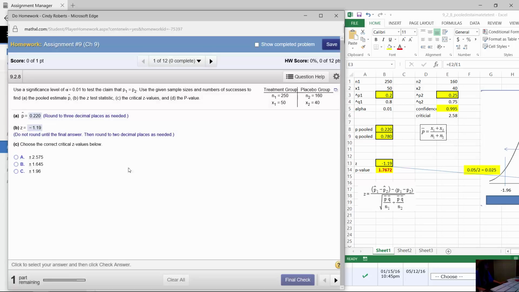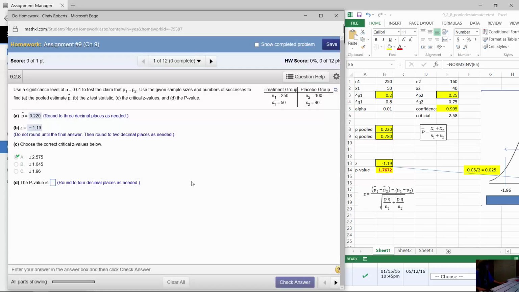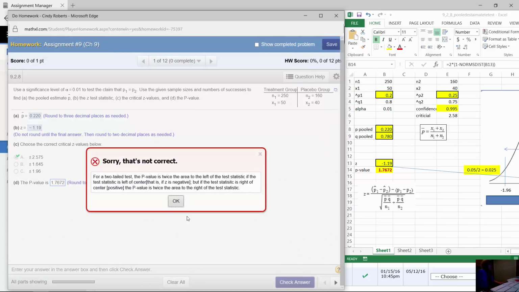Good job, Cindy. It says choose the correct critical values, which I guess over here, because I didn't change my graph, but my critical values in this case, the 2.58, you see they didn't round, so that's my plus or minus. My p-value right here, I can see this value right here, the 1.7, it says 4 decimal places, 672.